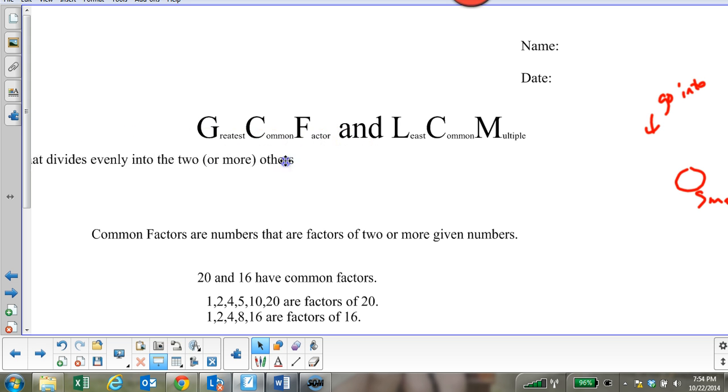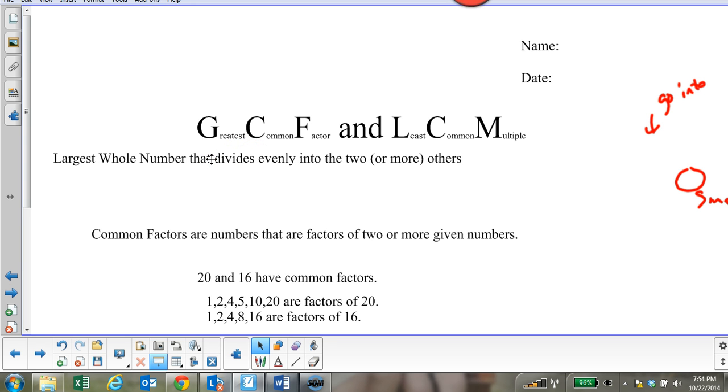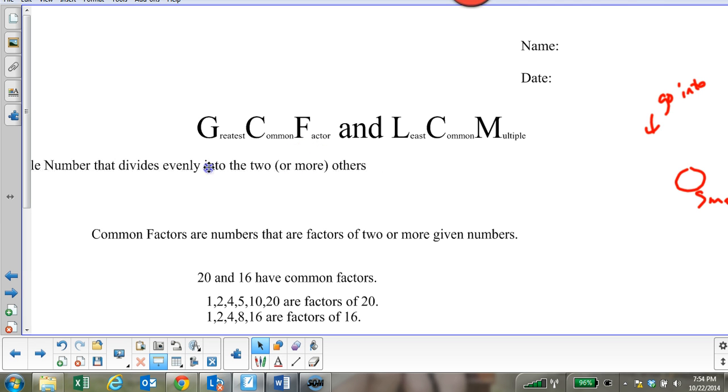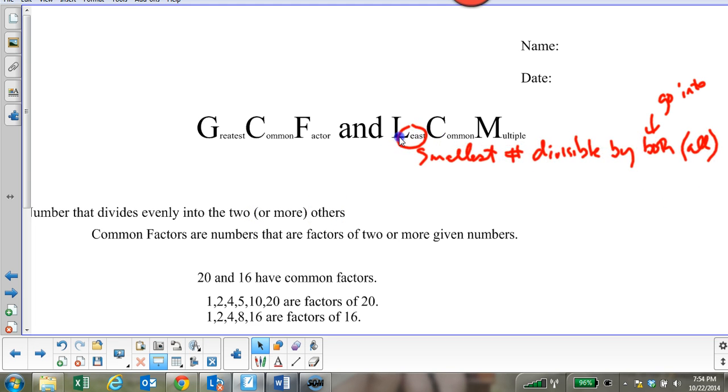So as a reminder, greatest common factor, GCF, is the largest whole number that divides evenly into two or more others. So it's the biggest number that goes into both, if you only have two. If you have more than two, then it's the biggest number that goes into all three of the numbers or all four of the numbers or whatever. So that's the GCF. The LCM is the least or smallest number that's divisible by both or all of the numbers.